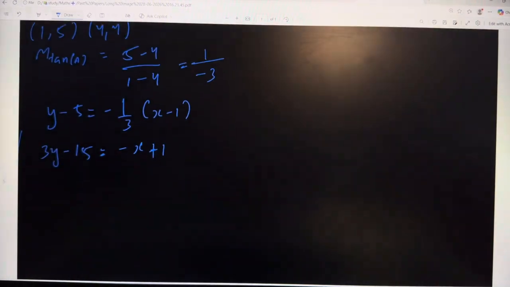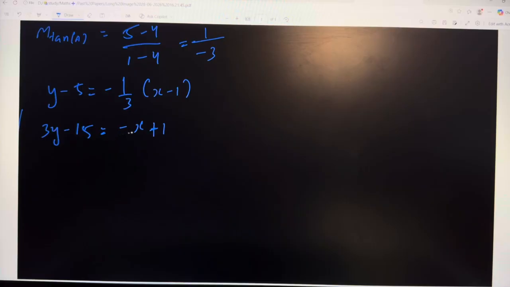So we can try that. So x goes here. Take 16, minus 15 there, plus 15. So 3y is equal to minus x plus 16.